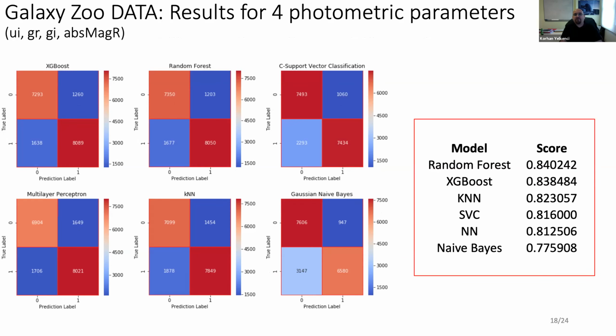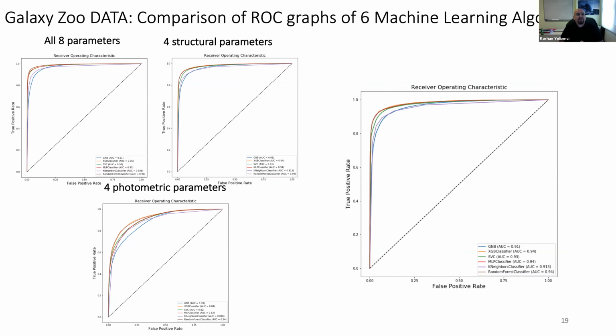And with the 4 photometric parameters, not the structural, we get much lower accuracy. So with 8 parameters, it means more features, more accuracy at the end.